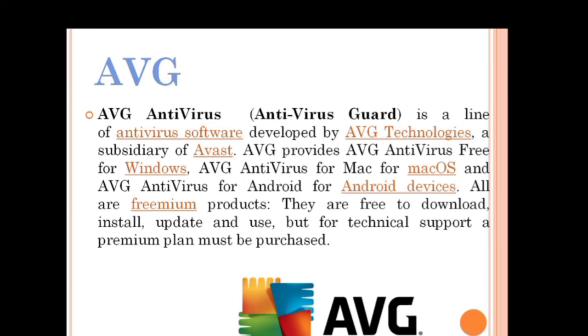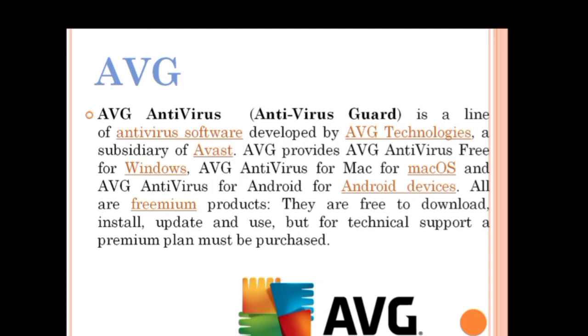The next type of antivirus is AVG. The full form of AVG is Antivirus Guard, a line of antivirus software developed by AVG Technologies, a subsidiary of Avast. AVG provides AVG Antivirus Free for Windows, for Mac OS, and for Android devices.